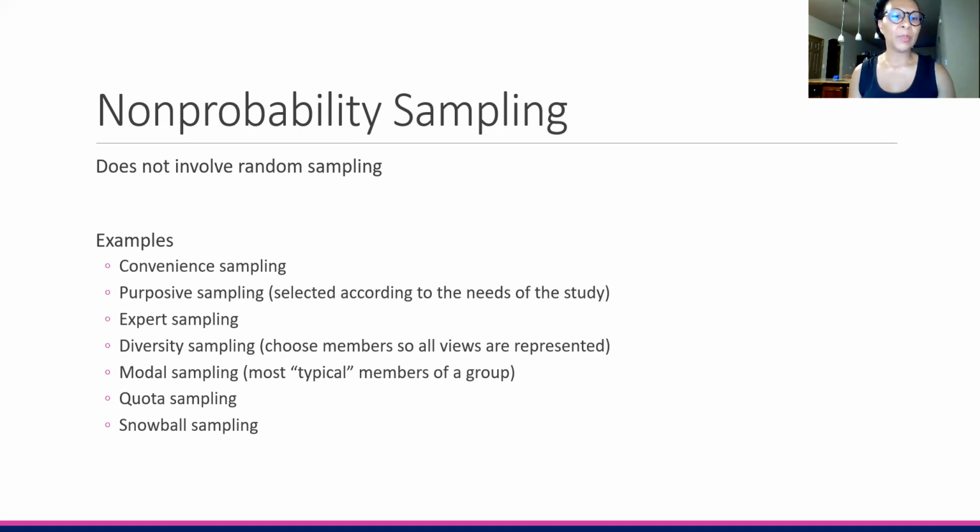With snowball sampling, generally you identify one individual who has the particular set of characteristics that you're interested in studying, and then you ask that person, do you know somebody else who has these characteristics that I'm interested in studying? From there, they'll recommend somebody, and maybe that next person will recommend another person or two. That's what happens with snowball sampling.